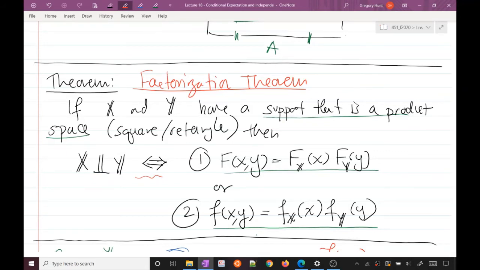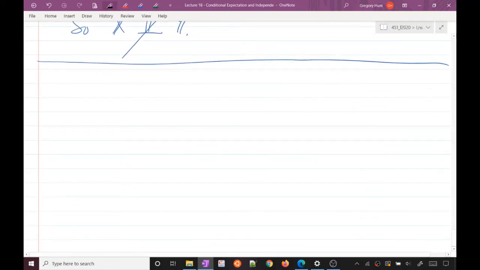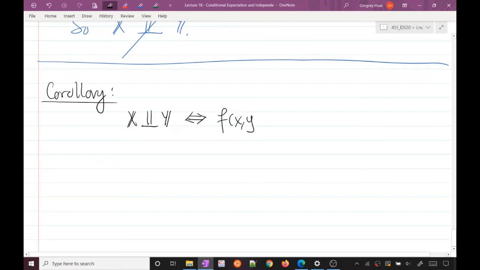Okay. Let's look at a useful corollary of this. Which is that x is independent of y if and only if the joint can be factored as h of x times g of y.